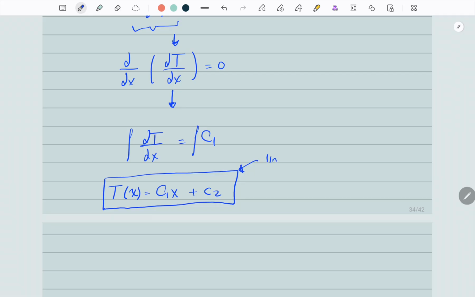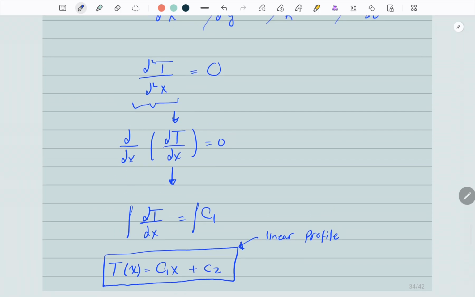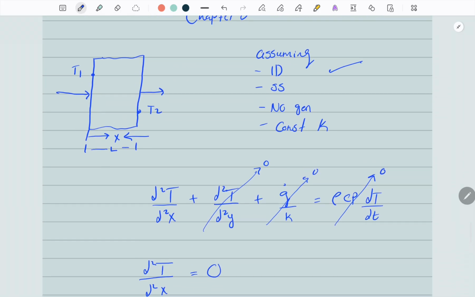And we can see that it is a linear profile of temperature distribution, meaning that the temperature distribution in this wall has a linear profile.